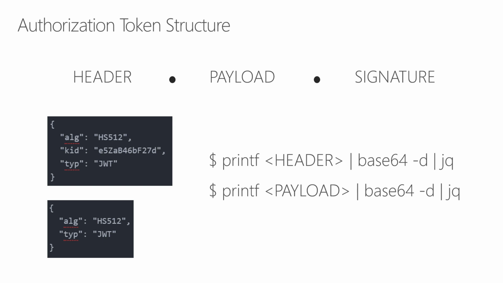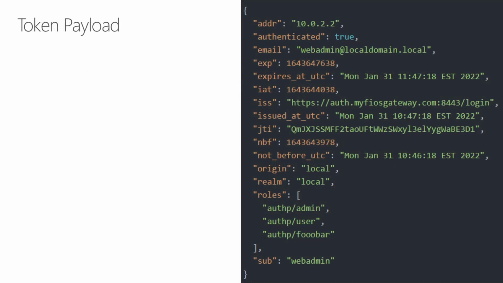So let's continue. If KID is not specified, this means that the key ID is the default key ID, which is key ID 0. It's omitted: if the KID field is not in the header, it means that's the default. Same way how you can decode the header, you can decode the payload.